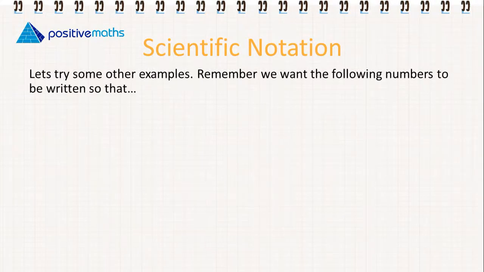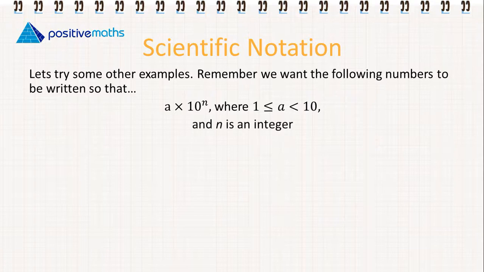So let's practice a few other examples just to become familiar with this. We're always going to be given this same kind of format: a by 10 to the power of n, where a is greater than or equal to 1 and less than 10, and where n is an integer. This time we have 0.000876.